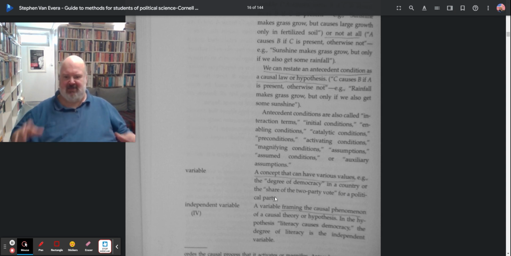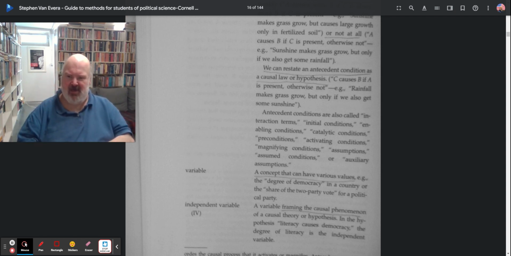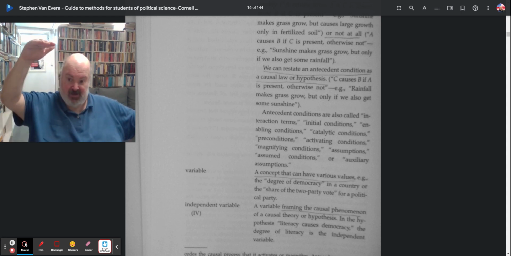A variable is something that varies, right? That means this concept has some kind of measurement, and there is going to be variation in it, either in size, amount, or categories. Let's say we're looking at the phenomenon of age. So we create the concept of age.